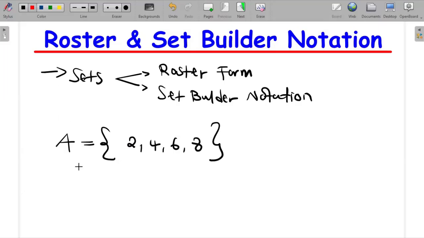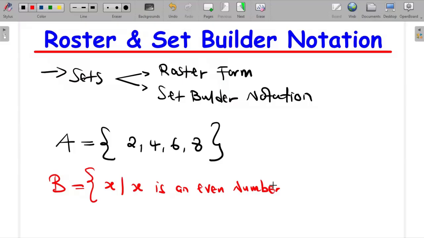That is my set A. And then I'll also write another set, we can call it B. For this set B, I'm going to represent it in this way: x, such that x is an even number, and this same x is less than 10. So x is an even number and it's less than 10. You can see those two descriptions that I've written for these two sets, A and B.